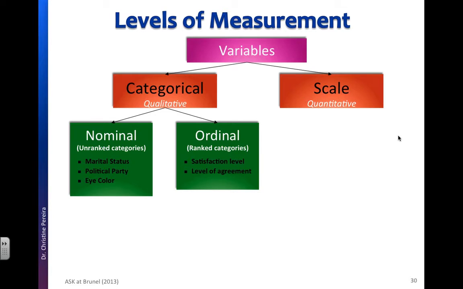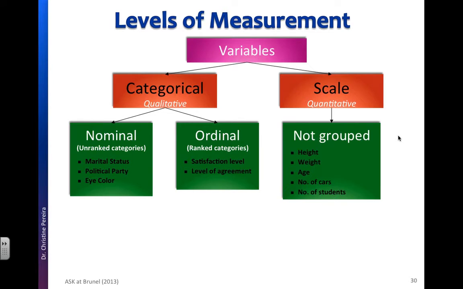Those are categories, but I can't rank them in any particular meaningful way. The same thing with, say, hair color, eye color, the color of your car, what kind of phone you have. Those are all categories, but I can't rank them. So those would be nominal. Okay, so ordinal is ranked categories, nominal is unranked.